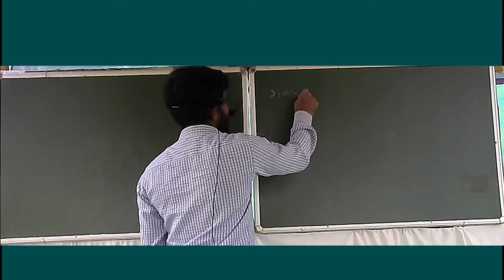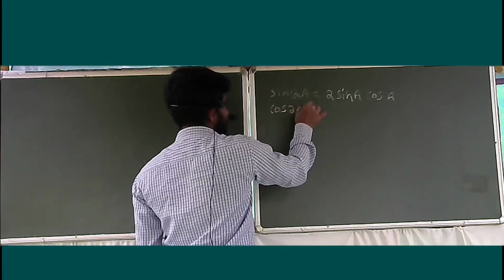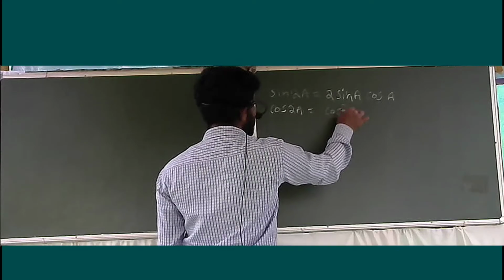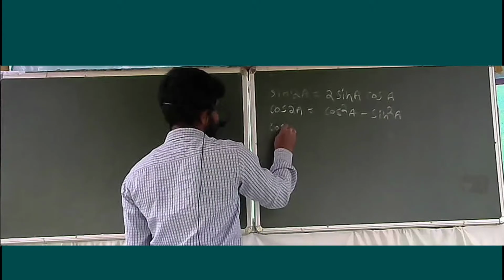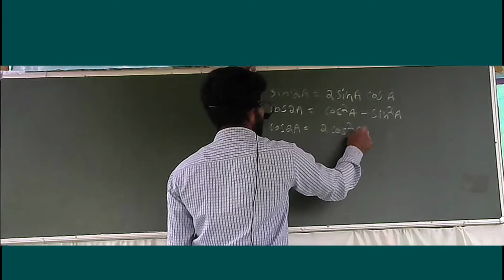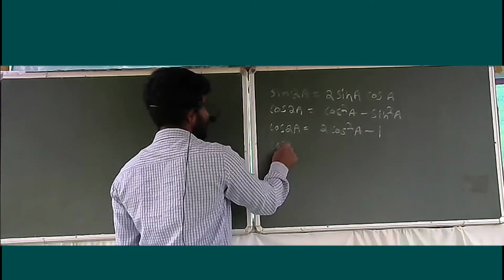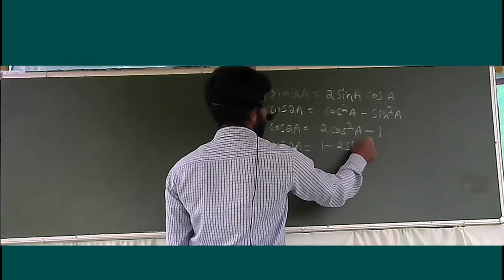Now once again recall all the multiple angle formulas. First is sin 2a. Sin 2a is equal to 2 sin a into cos a. Second one is cos 2a is equal to cos square a minus sin square a. Then cos 2a is equal to 2 cos square a minus 1. Cos 2a is equal to 1 minus 2 sin square a.